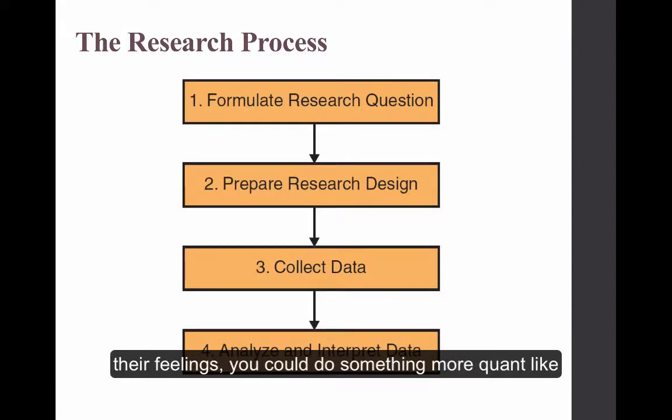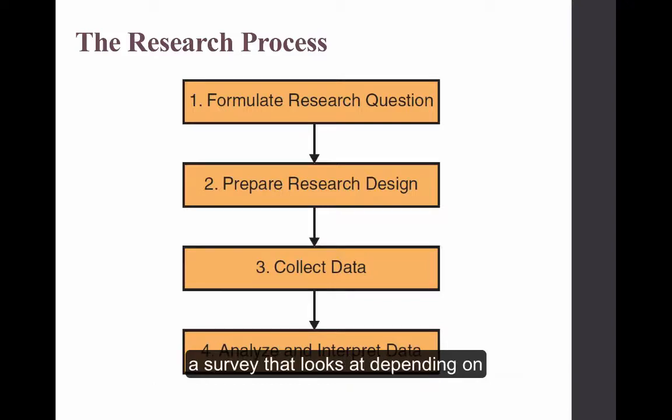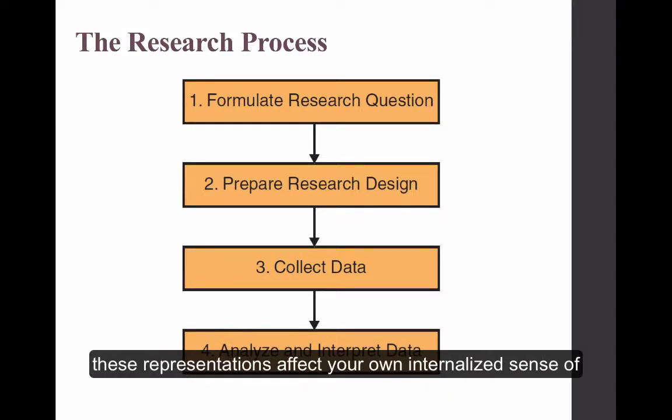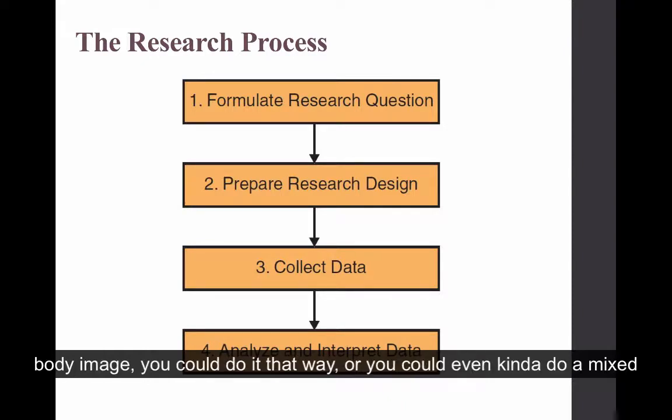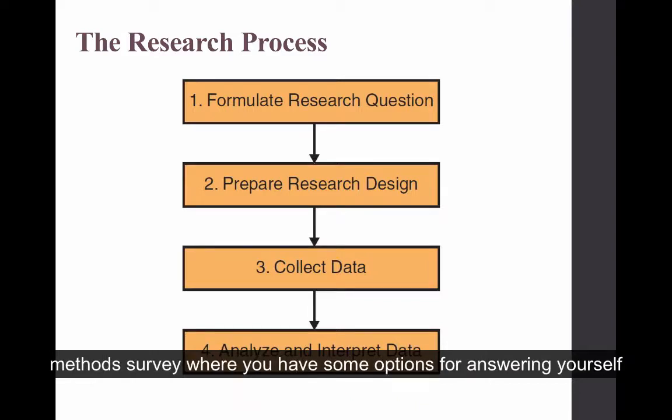You could do something more quant, like a survey, right? That looks at, depending on your gender identification, how do you feel that these representations affect your own internalized sense of body image? You could do it that way, or you could even do a mixed method survey where you have some options for answering yourself and some options for the actual rigorous survey.